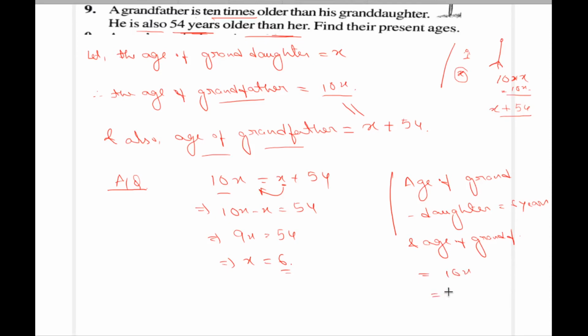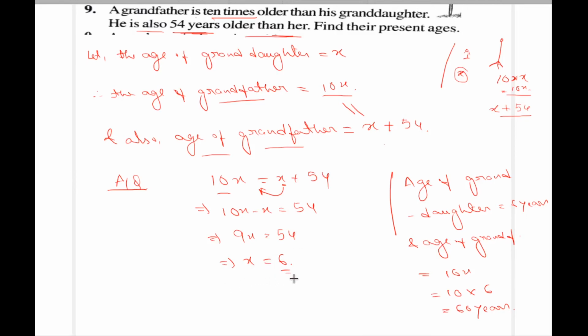That means 10 multiplied by 6 is equal to 60 years. Okay. So it is very easy. We just have to see this clue, that the age of the same person is given, which must be equal to each other. Yes, and after equating this we will solve it and easily we will get the answer, that is x equals 6.